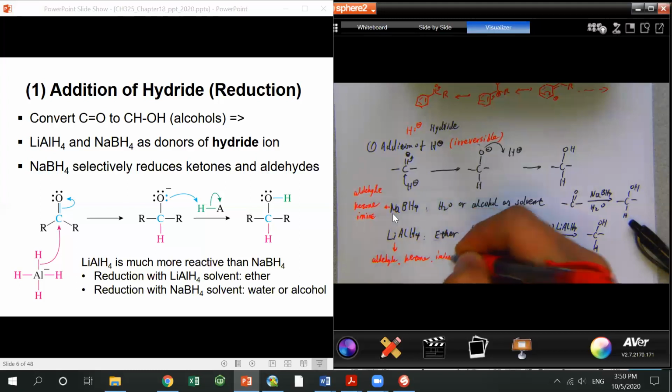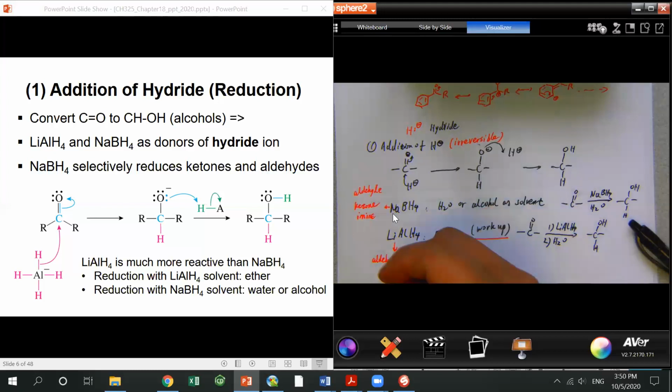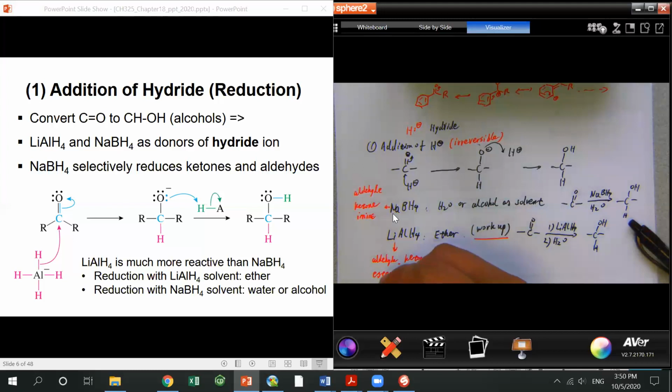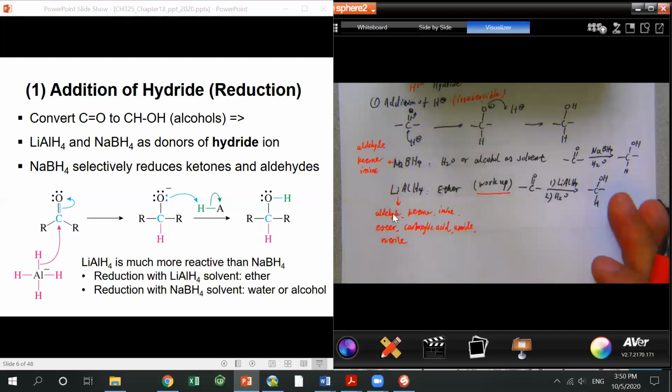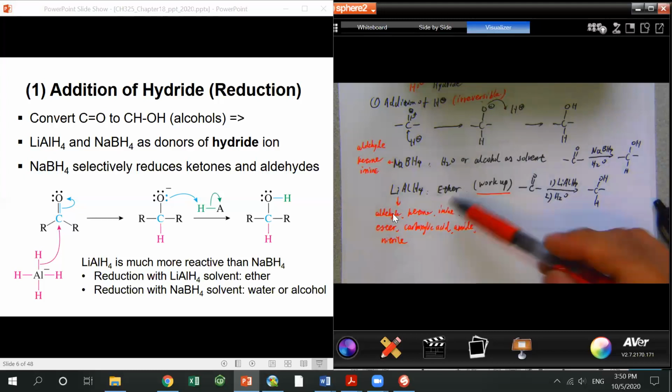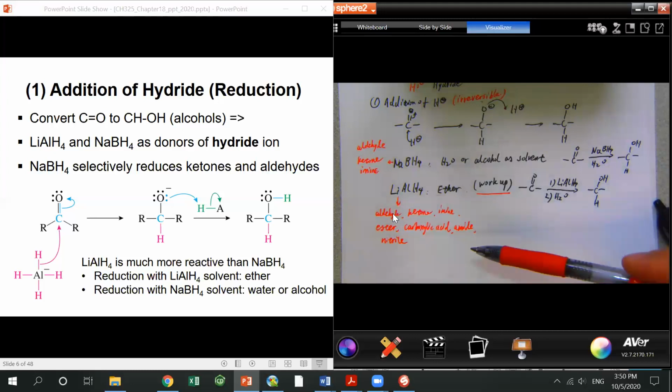Lithium aluminum hydride can also react with ester, carboxylic acid, and also amide, and even the nitrile compound. That means lithium aluminum hydride is a much stronger reducing reagent, so it has no selectivity.